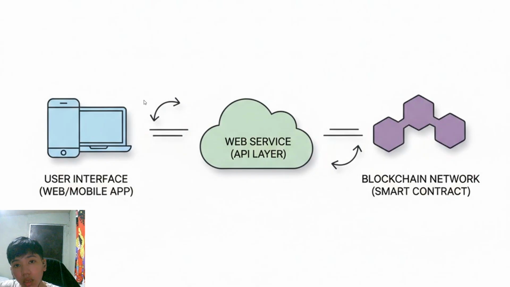Crucially, the web service abstracts away the complexity and keeps the secure private keys hidden from the public facing application, making the entire system much safer and easier to maintain.